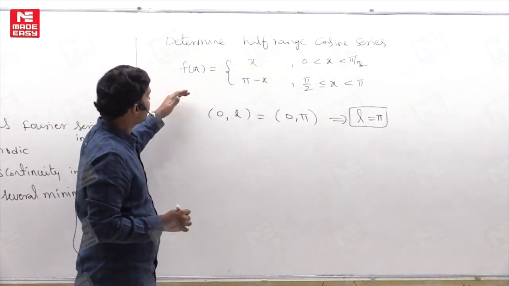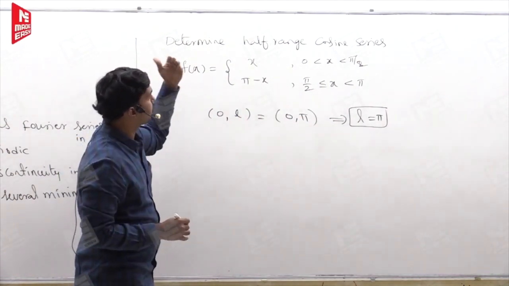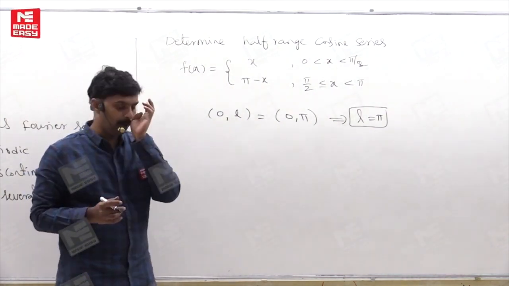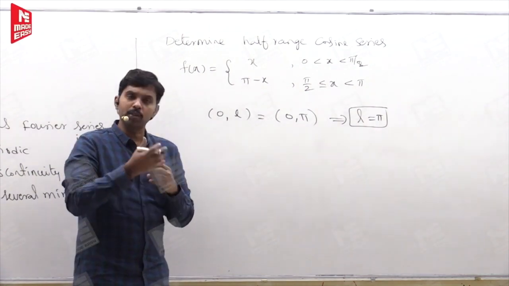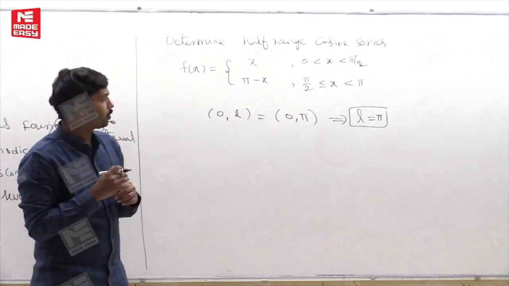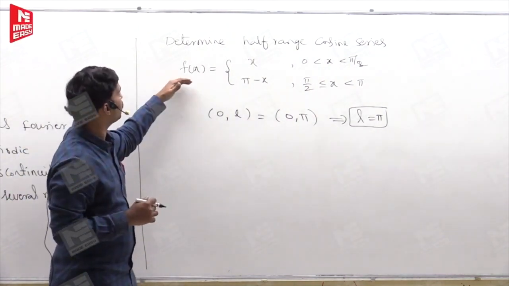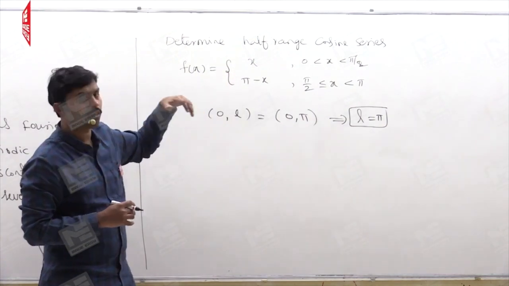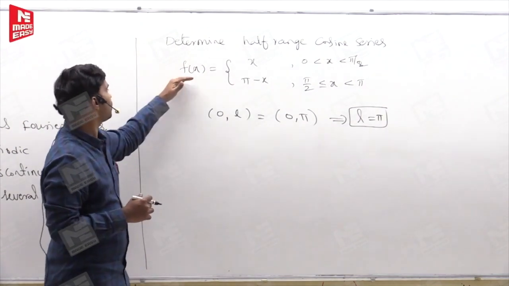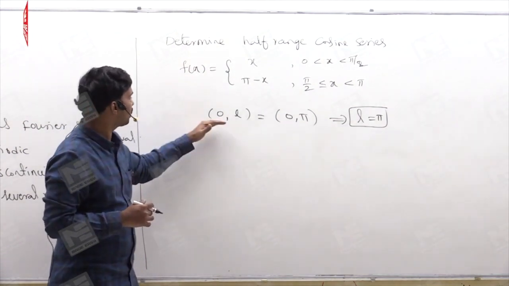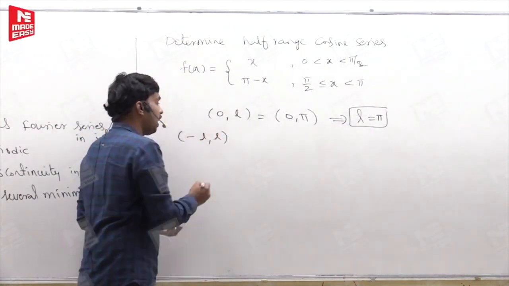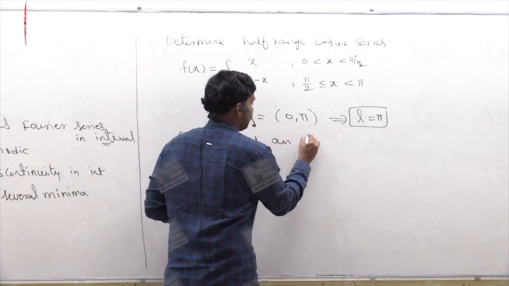Now, if you want to write this function as a cosine series within this interval 0 comma L, a cosine series exists only for an even function, correct? So to get the half range cosine series, we need to extend this function f of x from the interval 0 comma L to minus L comma L as an even function.